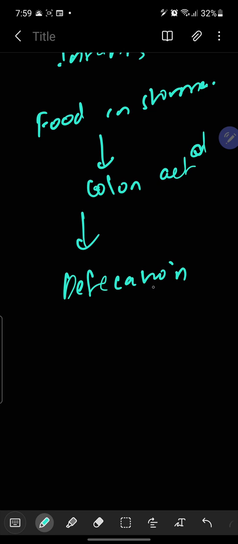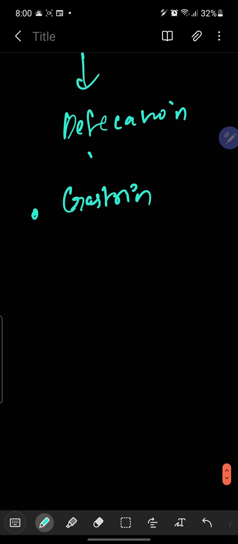This reflex is called the gastrocolic reflex. This is the reason why infants defecate immediately after food. It is controlled by gastrin.